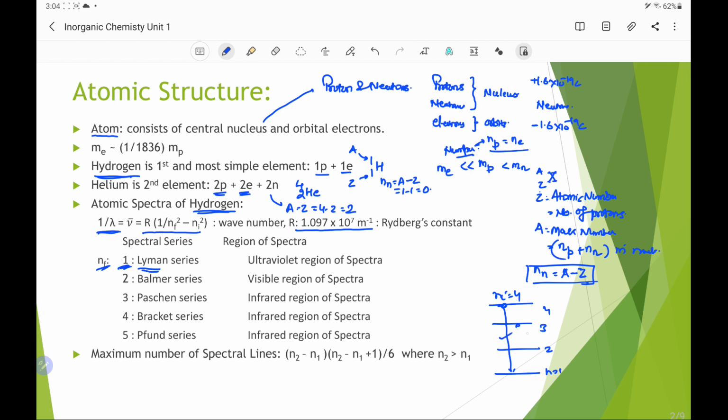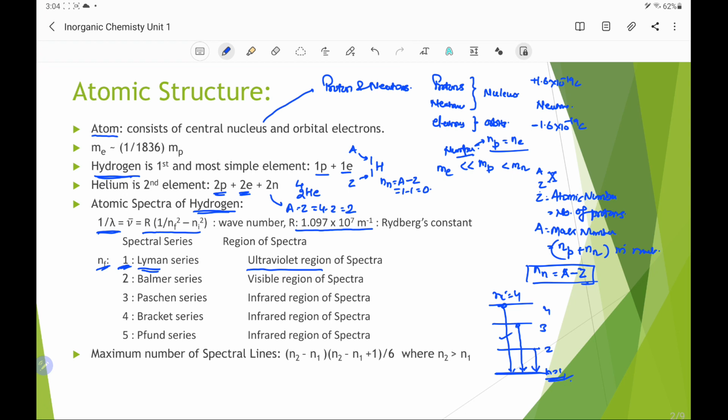Similarly, from n equal to 3 to n equal to 1, it is also a spectral line in the Lyman series. From 2 to 1, it is also the Lyman series. That means if the terminating shell is n equal to 1, the series is called the Lyman series, and this belongs to the ultraviolet region.